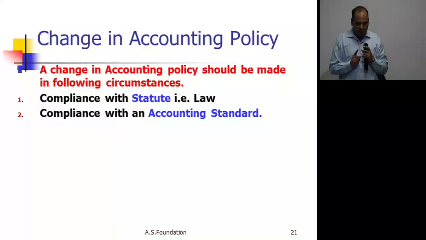Now they say that you have to follow only proportionate completion method. Completed contract method is not allowed. So those companies which were following completed contract method will have to now shift to proportionate completion method. That is, you will recognize the income and expense when the work is proportionately completed, not when it is fully completed.